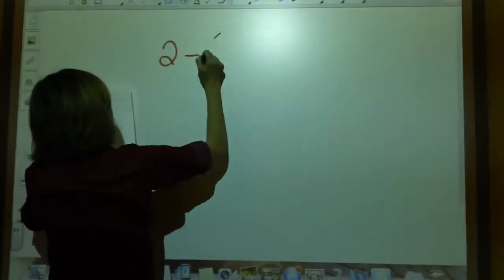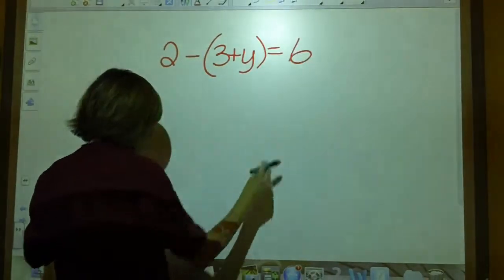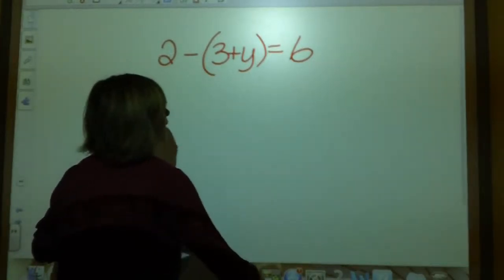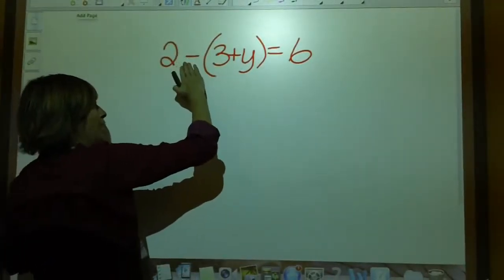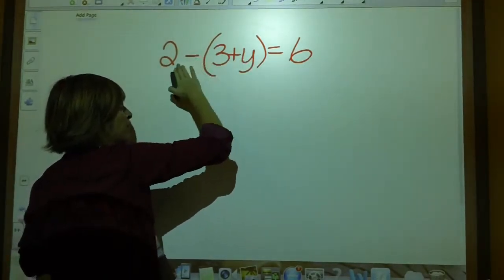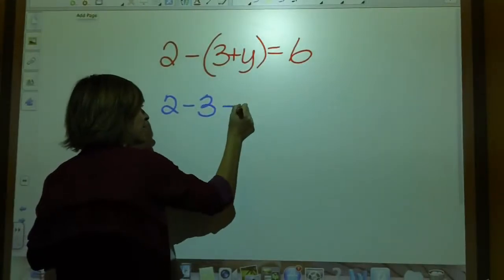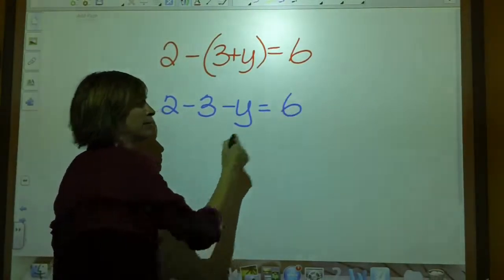All right, let's look at a harder example. 2 minus (3 plus y) equals 6. Okay, so now this is where that parentheses matters. We are going to take the opposite of the parentheses, so we're going to distribute the negative. It's going to make everything inside the parentheses its opposite.